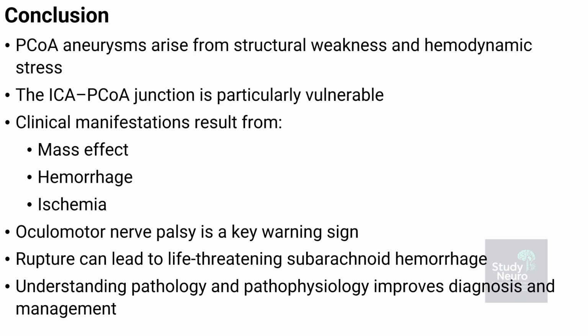Symptoms can result from pressure on nearby structures, from bleeding when rupture occurs, or from reduced blood flow in affected territories. One of the most important early warning signs is oculomotor nerve palsy, which often reflects local mass effect from the expanding aneurysm. When rupture happens, it can lead to subarachnoid hemorrhage, which is a life-threatening neurological emergency.